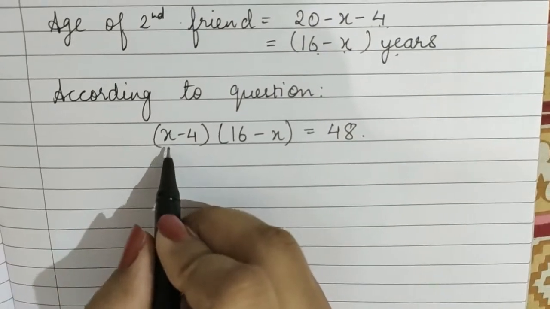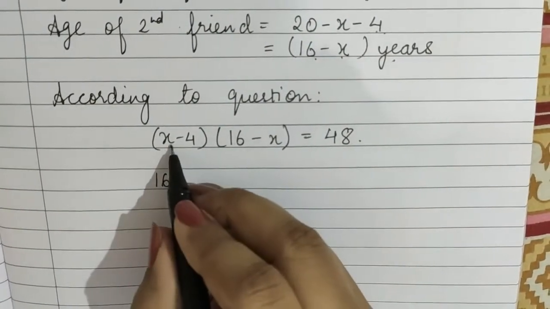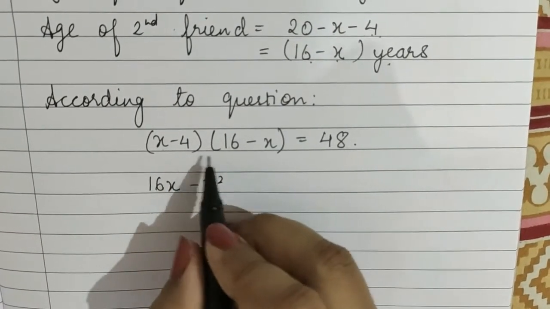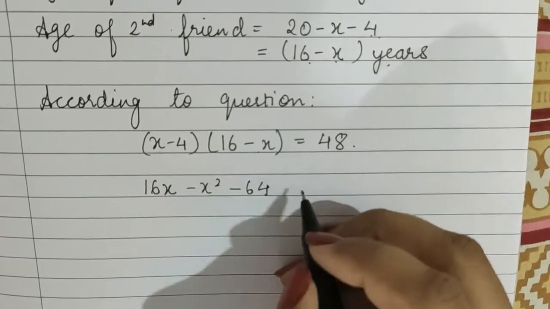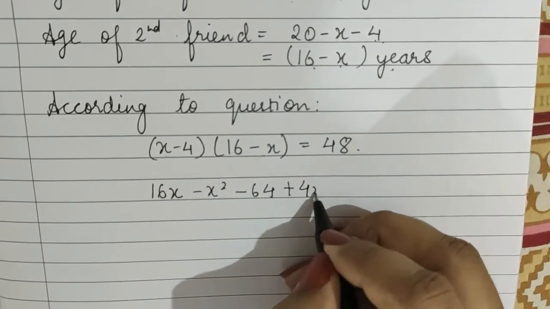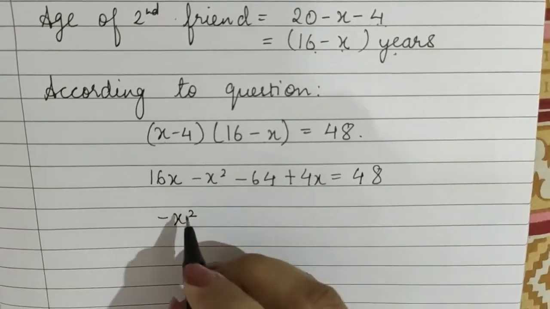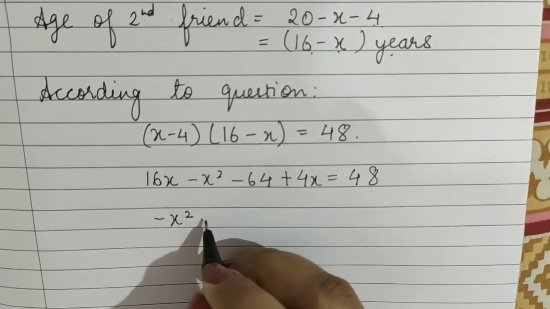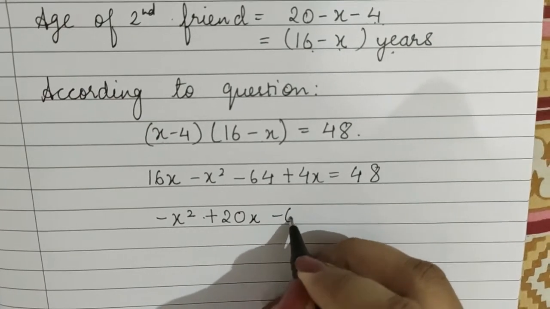Let us open up the brackets. x into 16 will give you 16x. x into minus x will give you minus x square. Then minus 4 into 16 will give you minus 64, and minus 4 into minus x will give you plus 4x, equals 48. Now we have minus x square plus 16x plus 4x, which is plus 20x, minus 64.